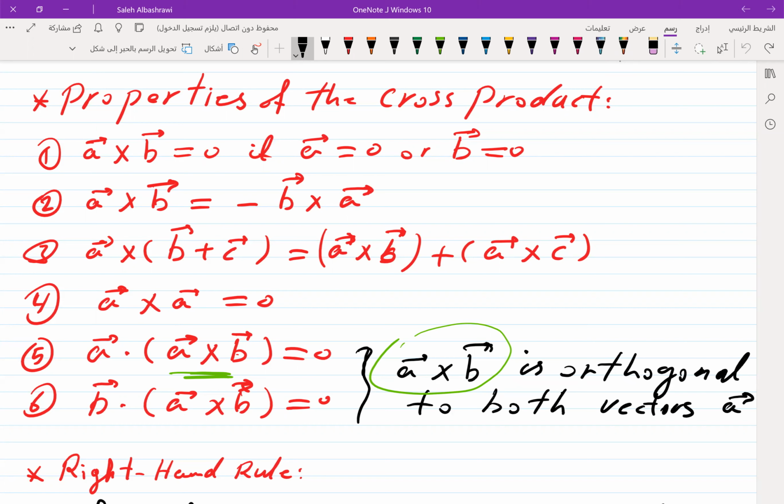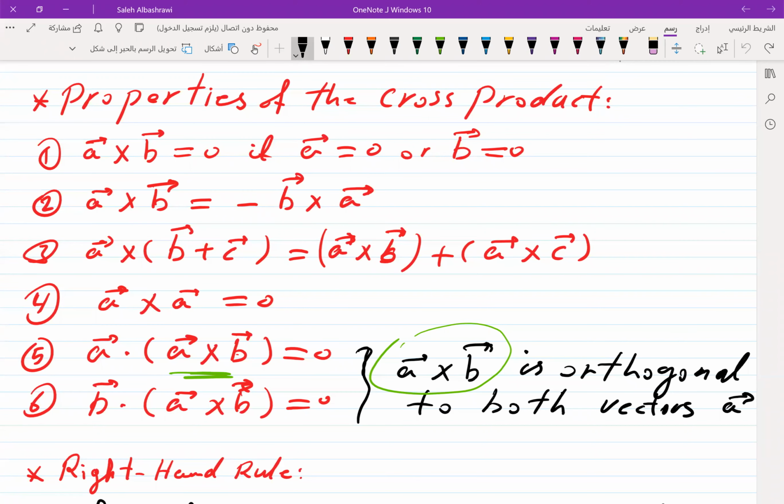In the last lecture we got to the properties of the cross product. We spoke about the cross product A cross B, and we gave some examples, and also we stated the properties. The first one was A cross B equals 0 if A equals 0 or B equals 0.